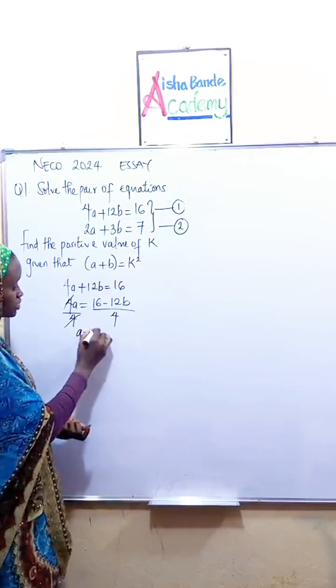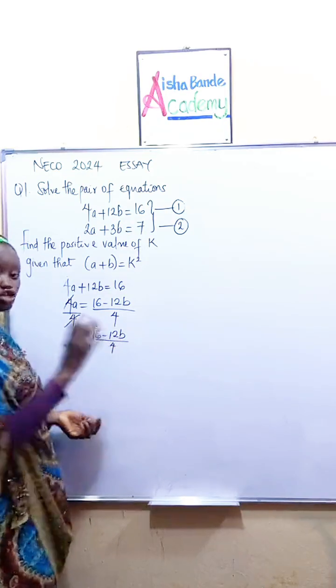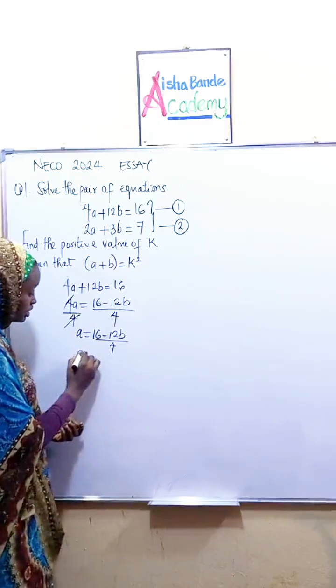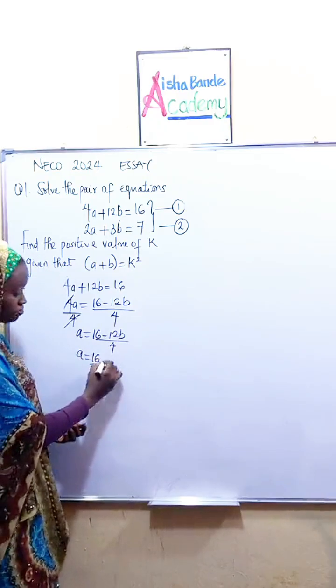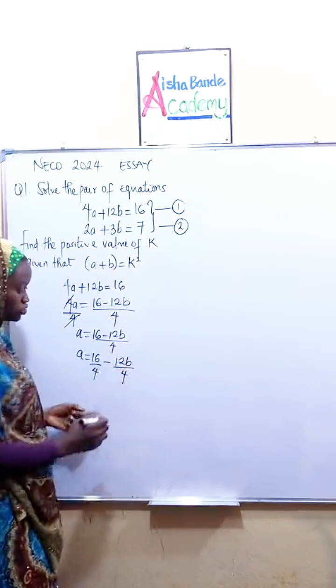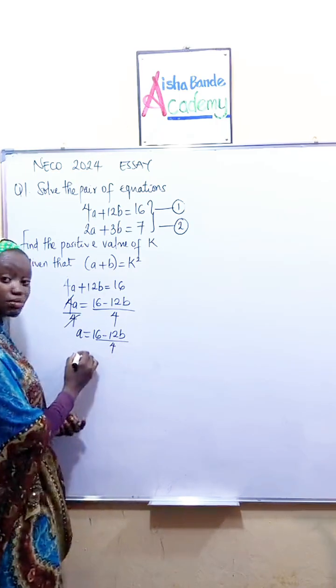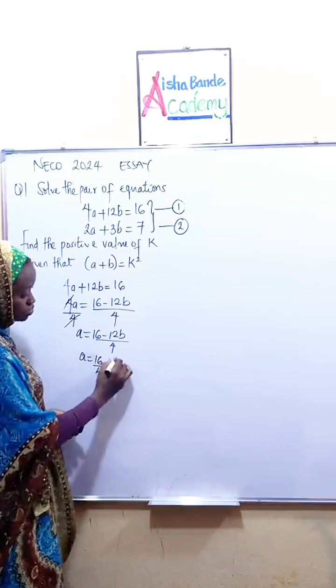We are left with a is equal to 16 minus 12b over 4. In mathematics, this is interpreted as 16 over 4 minus 12b over 4.